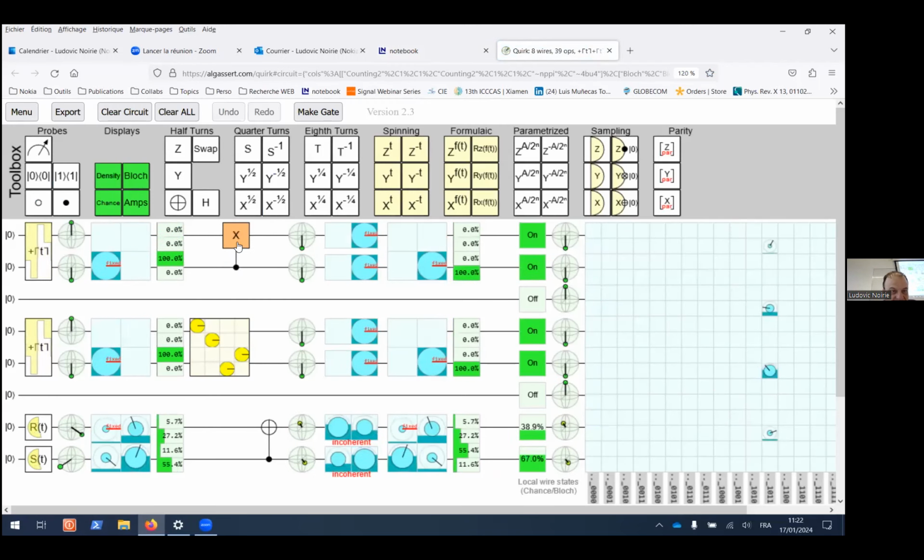We just start with the first phi plus state, so 00 plus 11 here, and some rotation. Here you do nothing, identity, so you have the phi plus. With Z, you get the phi minus. With X, you get psi plus. And with Y, you get psi minus. And the gate can be applied here or here. The phi plus is symmetric, so the rotation can be applied on any qubit.